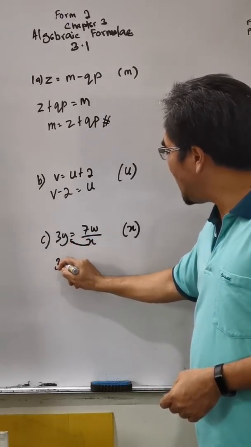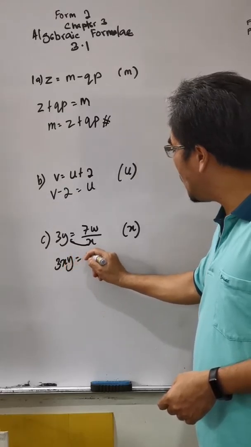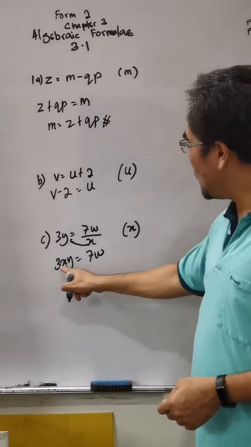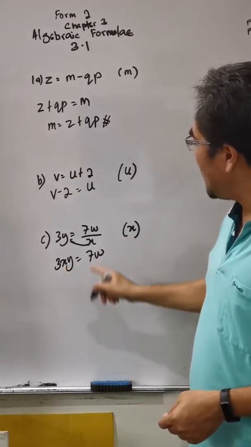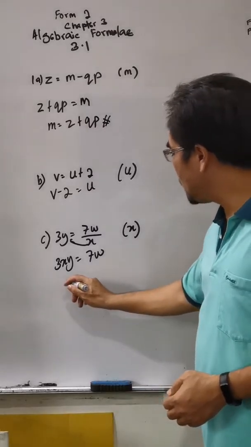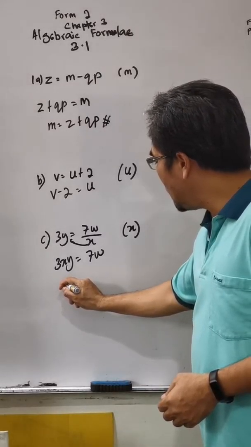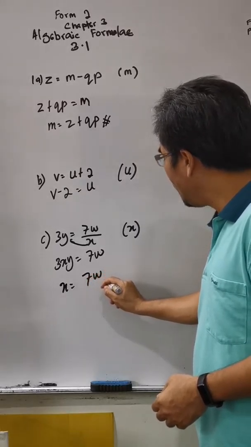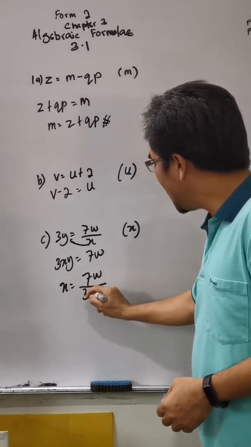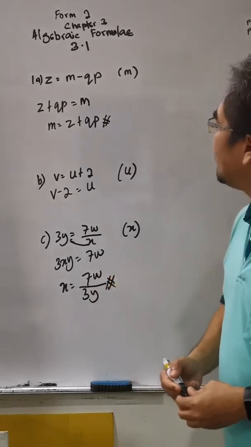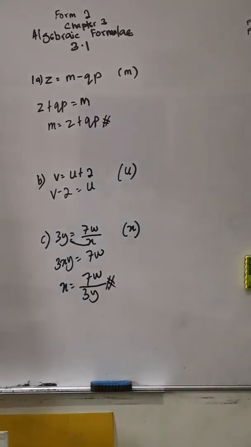So you have 3xy equals 7w. Make sure our subject is part of the numerator. So x equals 7w over 3y. That's it for number 1, A, B and C.